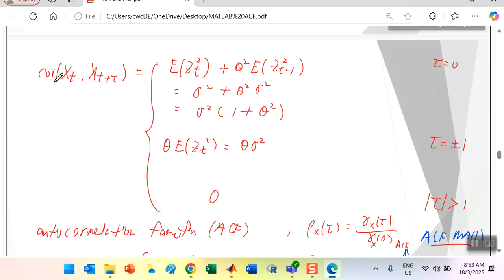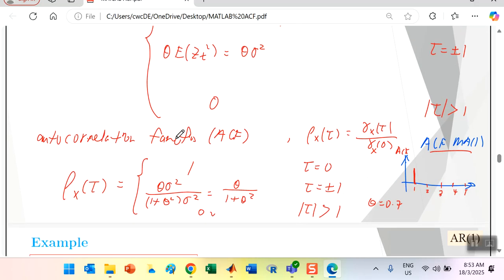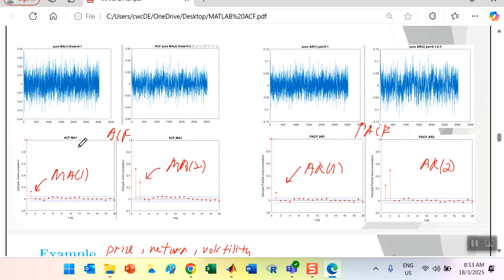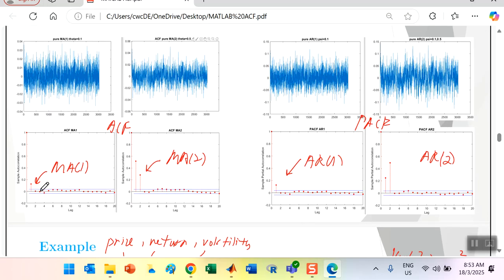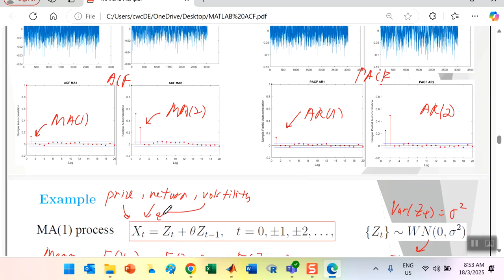We found that the covariance or autocorrelation function is non-zero at lag 1, and after that all will be 0 theoretically. This is the simulated result, so you still see some non-zero ACF values, but they are statistically not significant at the 95% confidence level. So this is the first MA1 model.